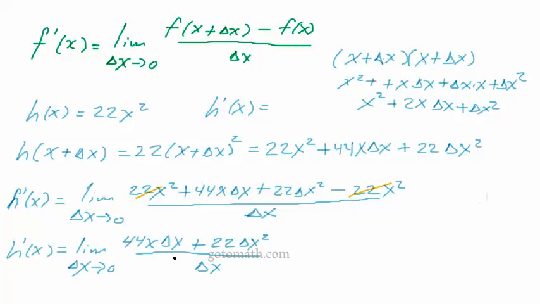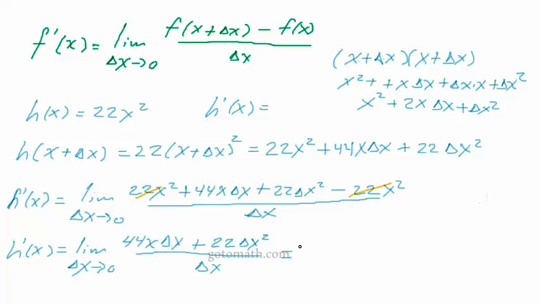Now as you can see, we have a delta x in this term and 2 in this term, and of course 1 at the bottom. We broke this up into two separate fractions. You would see that this delta x and one of these delta x's are going to cancel out. Of course that'll cancel out also there.